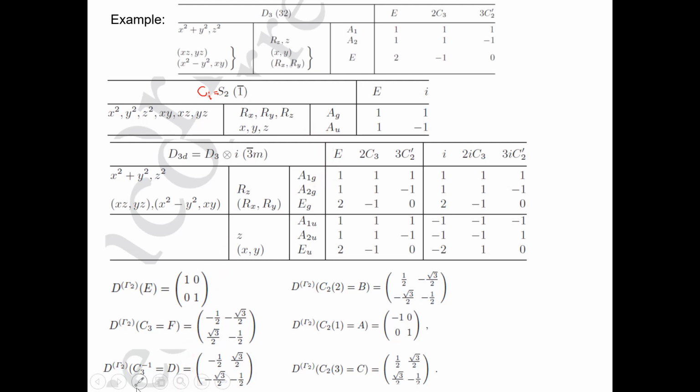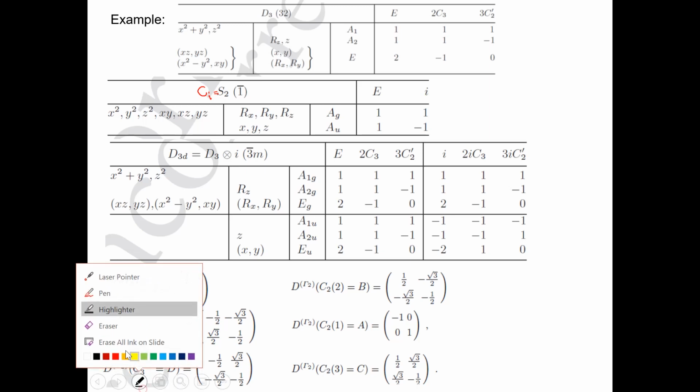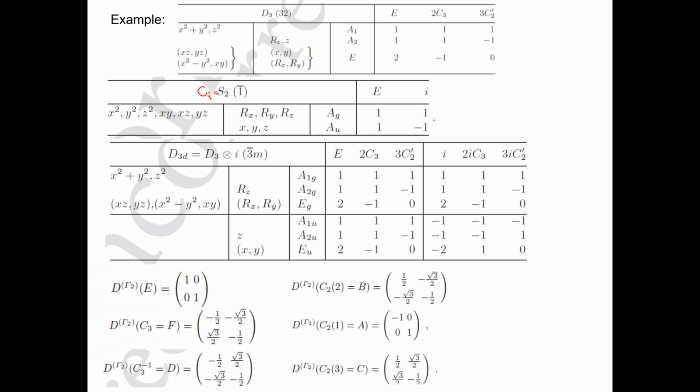two one-dimensional representations, AG and AU. We're going to use these symbols many times, G and U, G for even and U for odd representations, and this comes from the German names for even and odd.